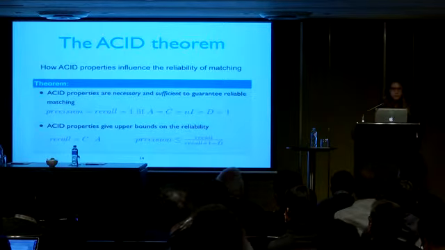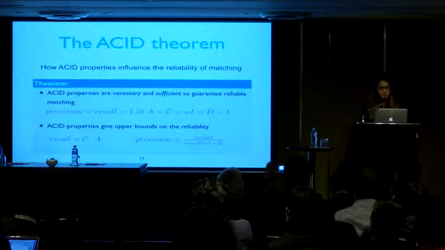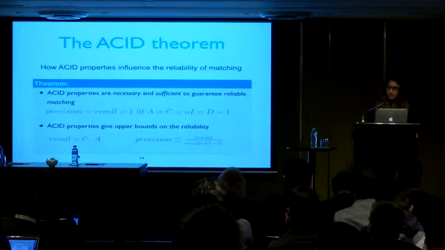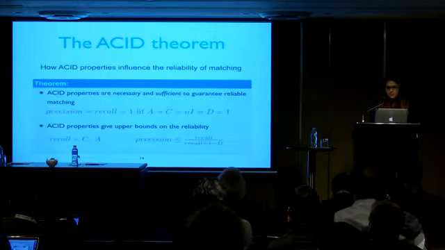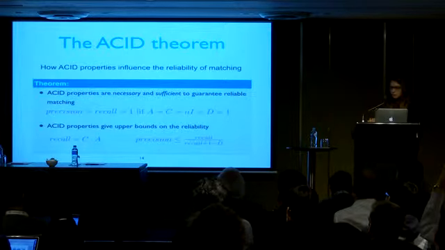So now we saw the properties, and how do these properties actually influence the reliability of a matching scheme? Well, we proved that the ACID properties are both necessary and sufficient to guarantee a reliable matching at 100% recall and 100% precision.